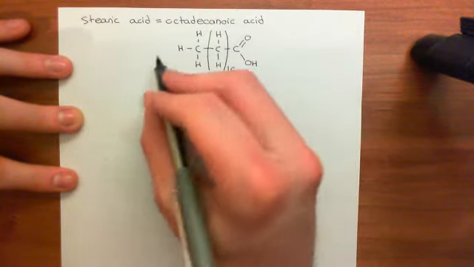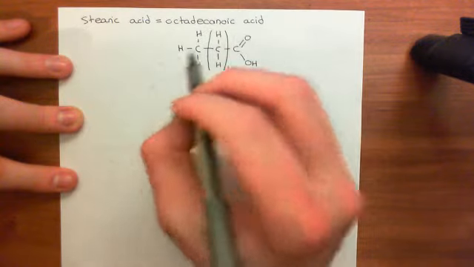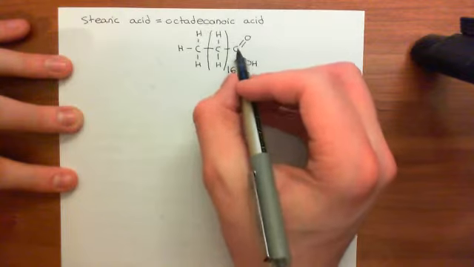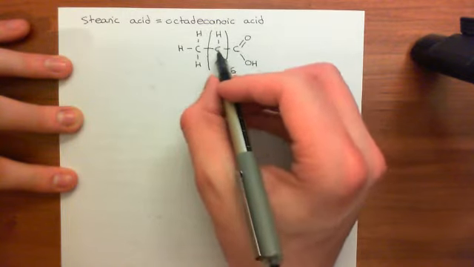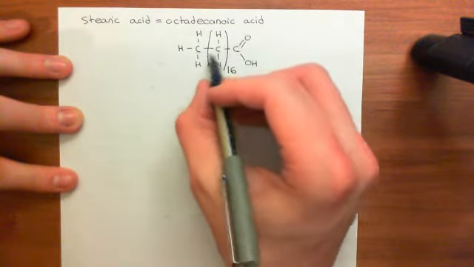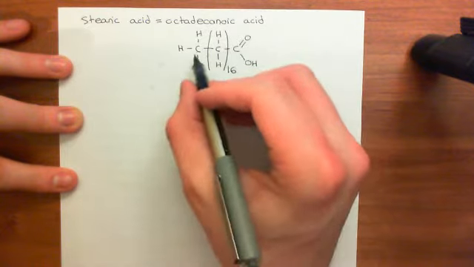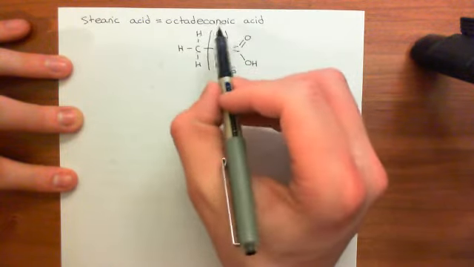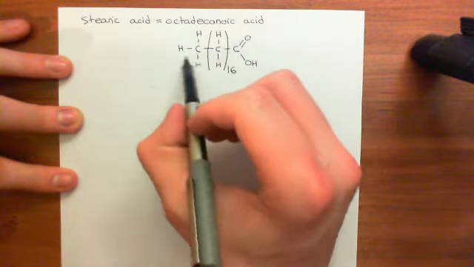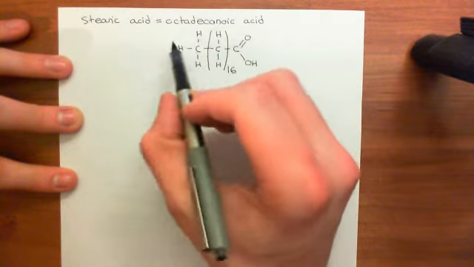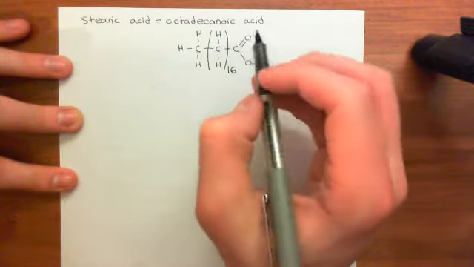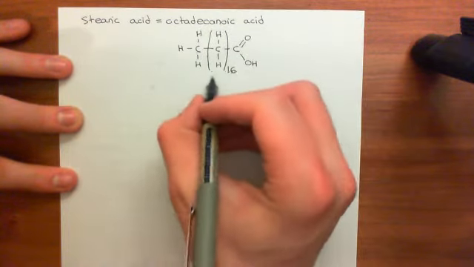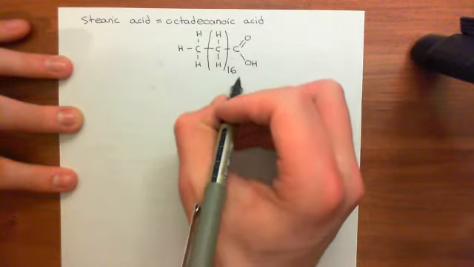Let's check that we've got this right. We've got 1 carbon here, 16 here, and 1 here. That takes us up to overall 18. So we've overall got an 18-carbon carboxylic acid molecule, and everything's completely saturated. So this all looks good. We've got octadecanoic acid. This is an example of a long-chain carboxylic acid.